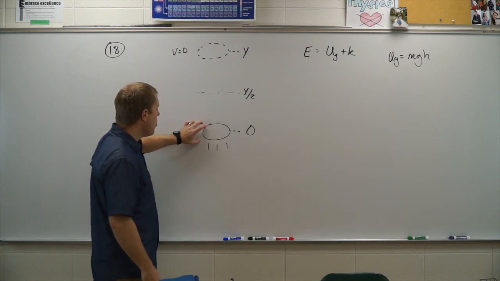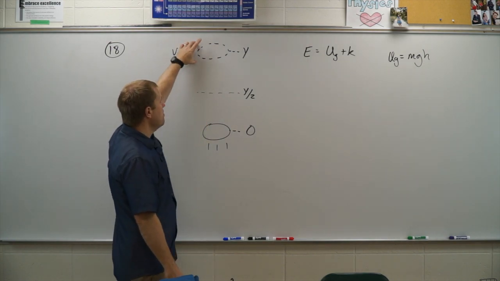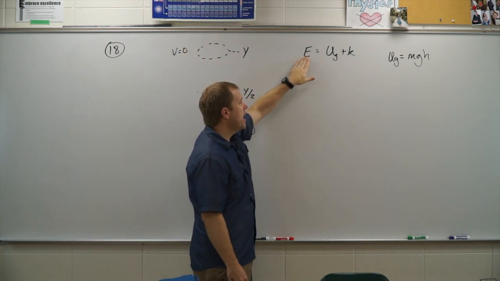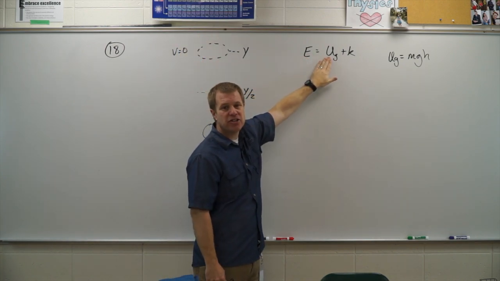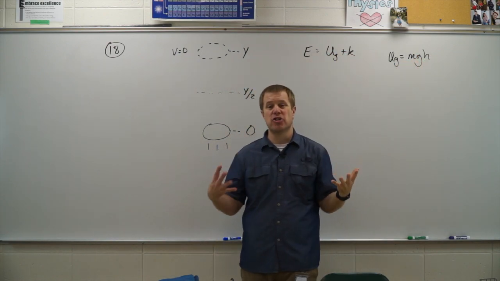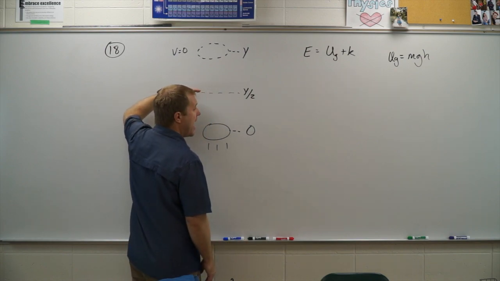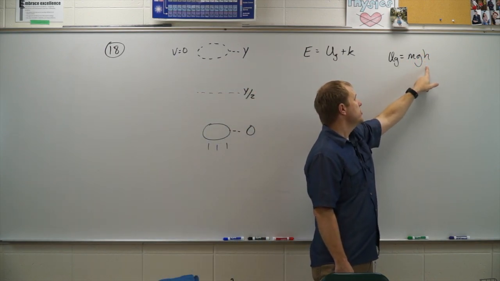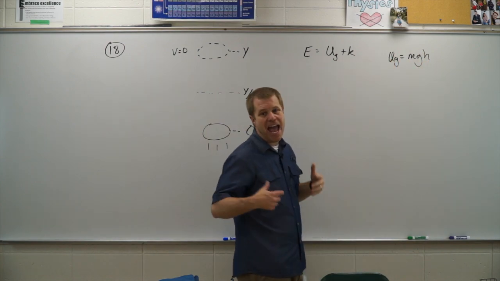So we have this ball, it starts here and it goes up and it ends here. So at the top, all of the energy is in the form of potential energy. There's no kinetic energy. So I'm at mgh at the top. That's the total amount of energy. So at half the height, well then I'm at mgh over 2. So half the height is going to give me half the potential energy.